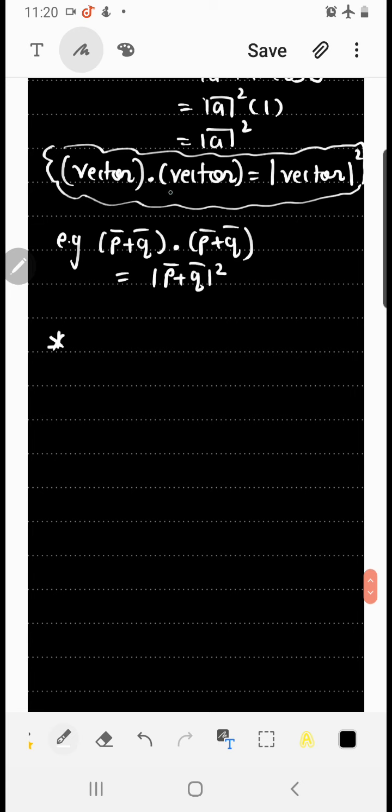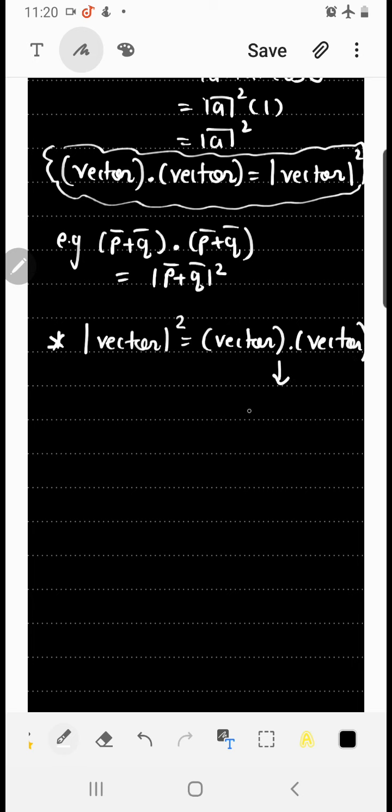In sums you will not find it left to right, you will find it right to left. So rather than remembering this property as vector dot vector equals the square of the magnitude of the vector, I would say the square of the magnitude of a vector can be written as vector dot vector. And after that, you open the brackets.